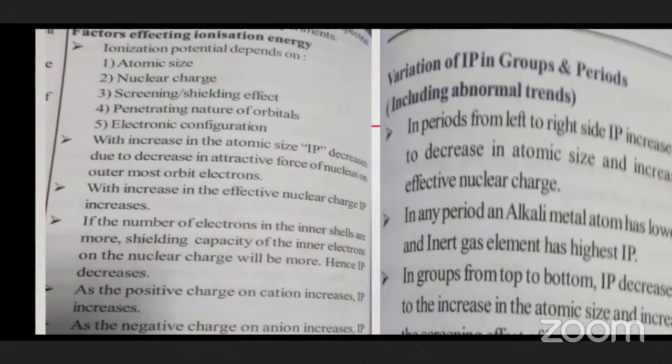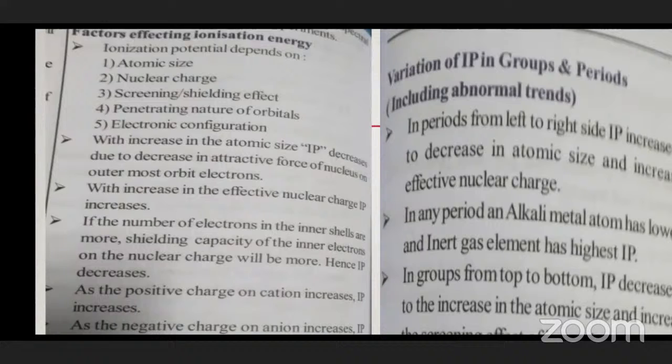With an increase in atomic size, the ionization potential decreases due to a decrease in the attractive force of the nucleus on the outermost orbit of electrons. Okay, so this is the first factor affecting the ionization potential.